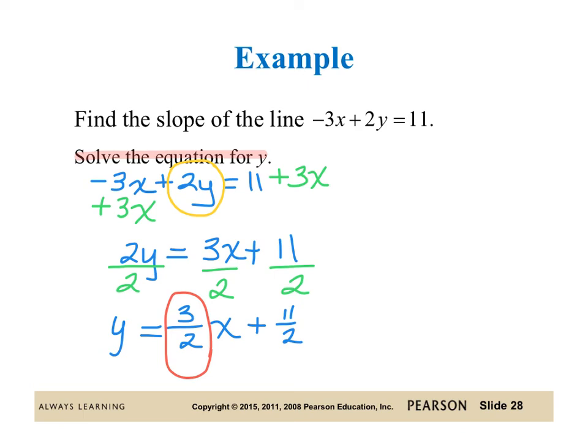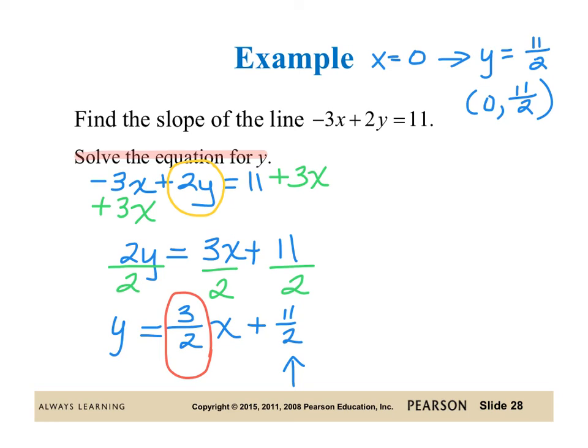Now, if I were to try a different method, what I might want to do if I were going to graph this line is find its intercepts. So if I let x equal 0, then y equals 11 over 2, which, guess what, is the same value as b. So that gives me the point 0, 11 over 2.